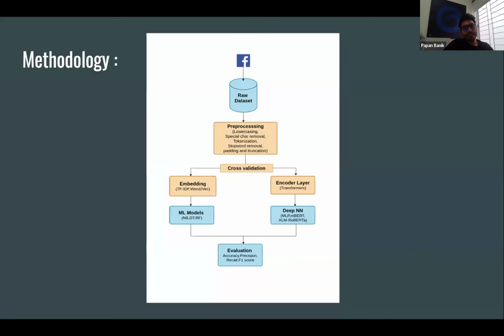After cross-validation, I do embedding to vectorize the text for basic machine learning models, and for the encoder layer for the transformer model. Here I use machine learning models like Naive Bayes, decision tree, and random forest, and deep learning neural networks like RoBERTa, XLM-RoBERTa, and BERT.